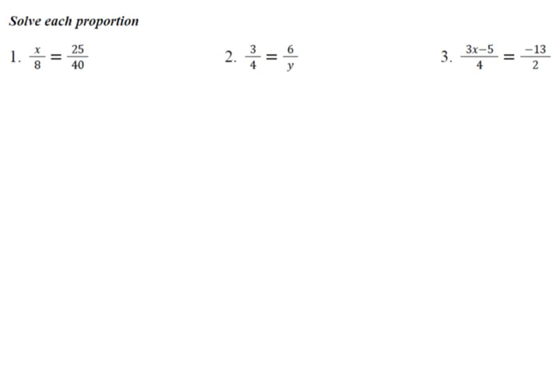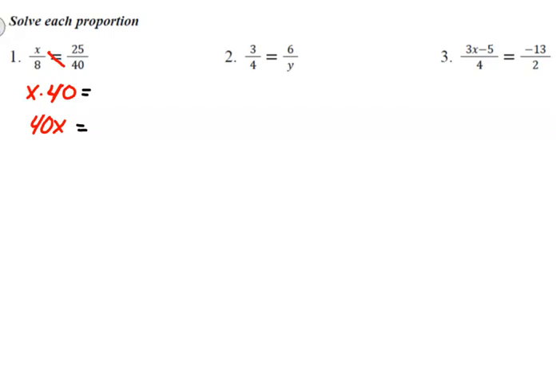So starting with question 1, if we're going to perform the cross product, that means I need 40 times x, or x times 40. I can write it as 40 times x, or I could just write 40x, right? That's how we show multiplication.